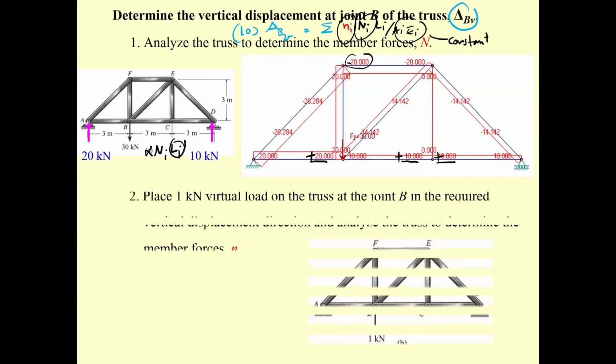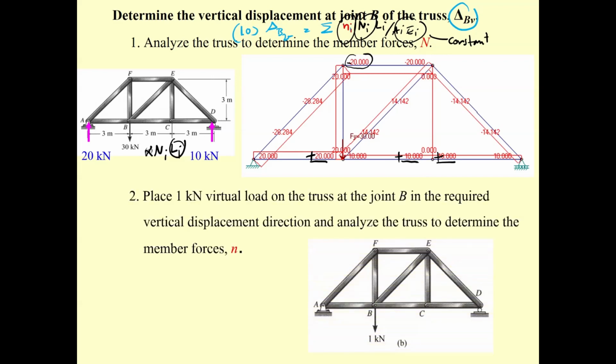Now, you have this one. Compute small n sub i. Put the unit load at point B in the vertical direction. Oh, so this 1 kilonewton is the same as this one? Yes. Now, small n sub i is going to be capital N sub i divided by 30.